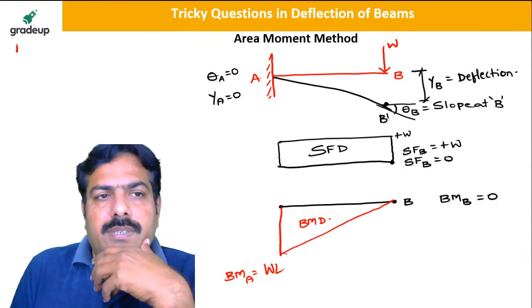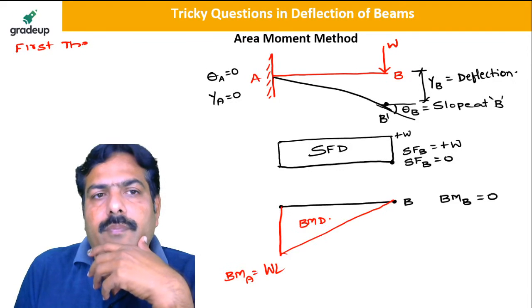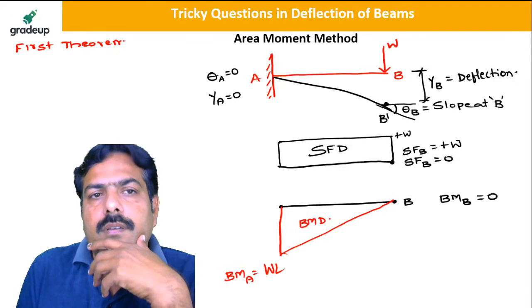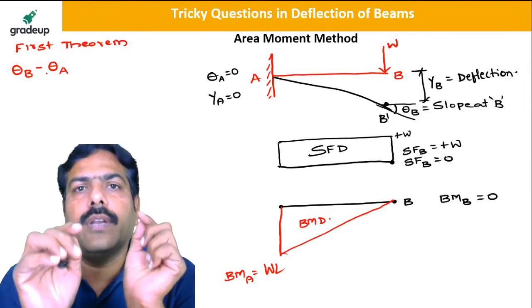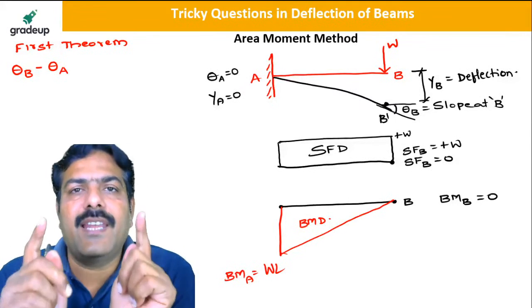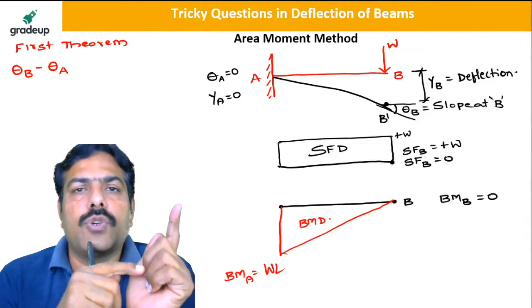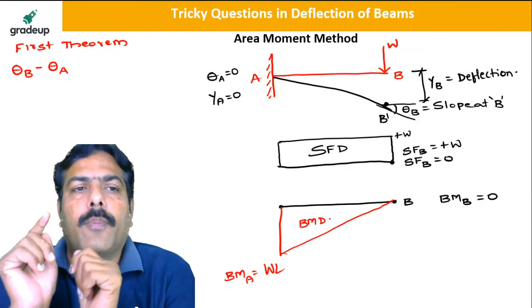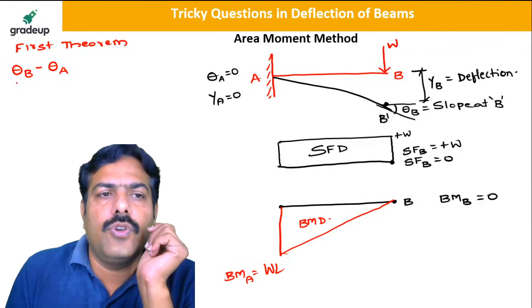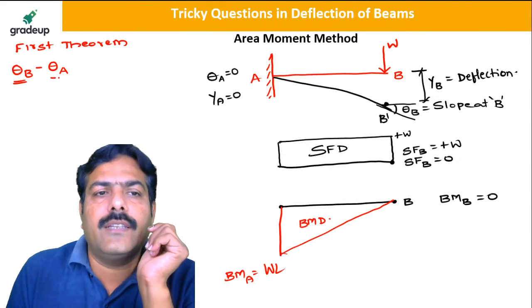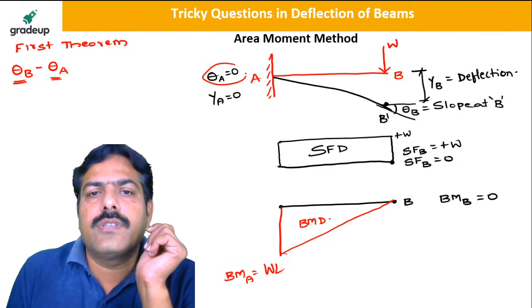So the first theorem says that the slope between 2 points, that is theta B minus theta A. How to take 2 points? We have to take 2 points such that one is the question asked to you and another has 0 slope. So B is the question asked to you, and the slope at A is 0. These are the 2 points.